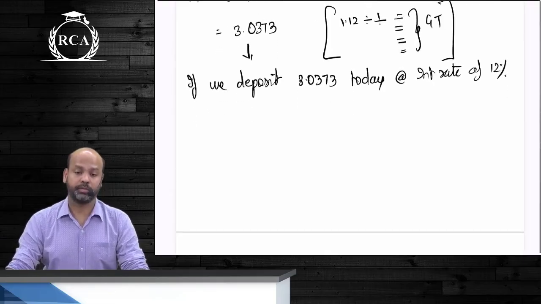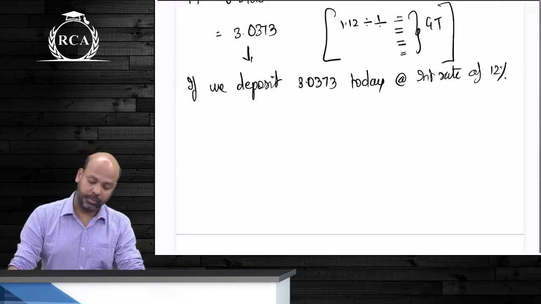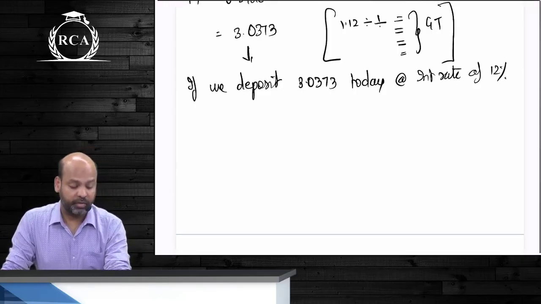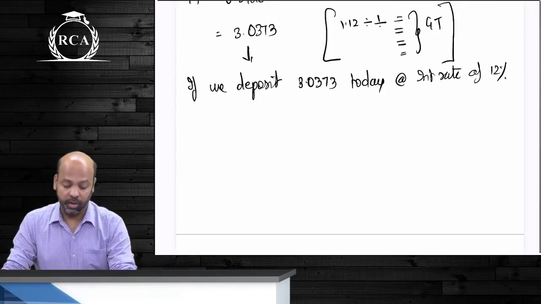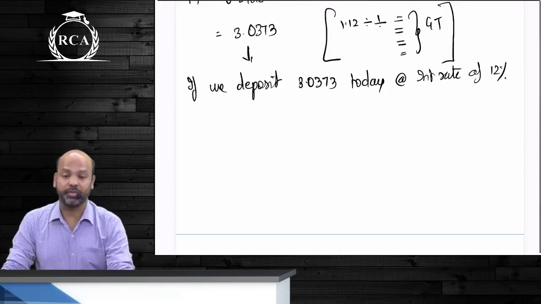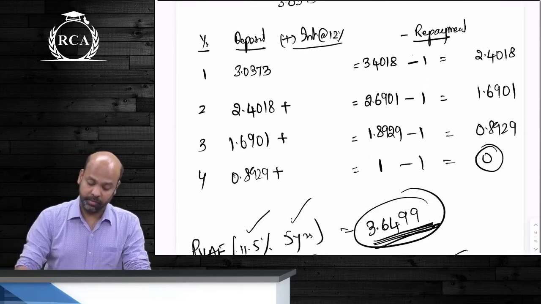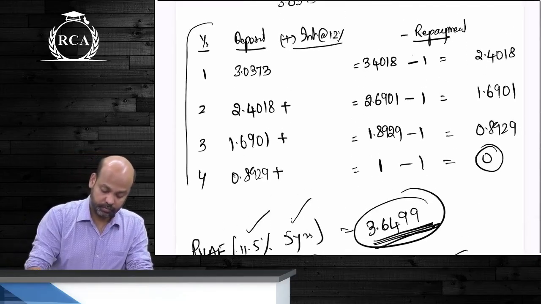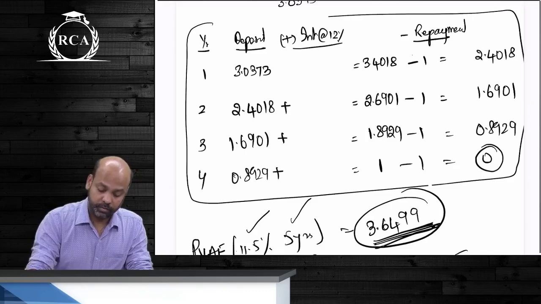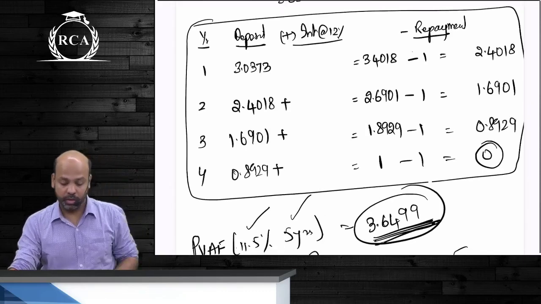Understood? If we deposit 3.0373 today at an interest rate of 12%, we will receive 1 rupee every year for the next 4 years. Copy this table, it is just to understand how it works.